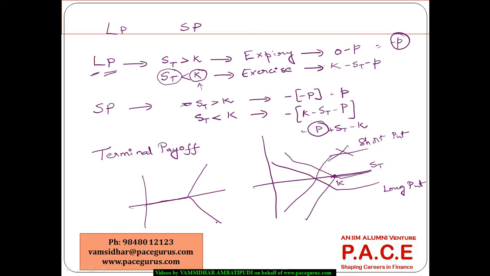Because here we are ignoring the premiums that have been paid much earlier, right? So these are some of the basic important concepts that we need to be comfortable with when we are talking of the payoffs associated with call and put options, as well as forwards and futures, for the long as well as the short positions.